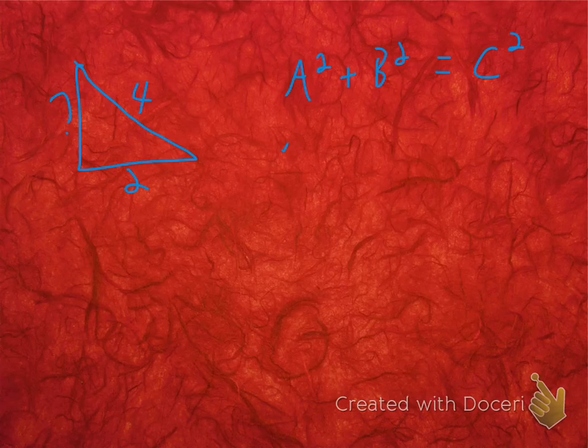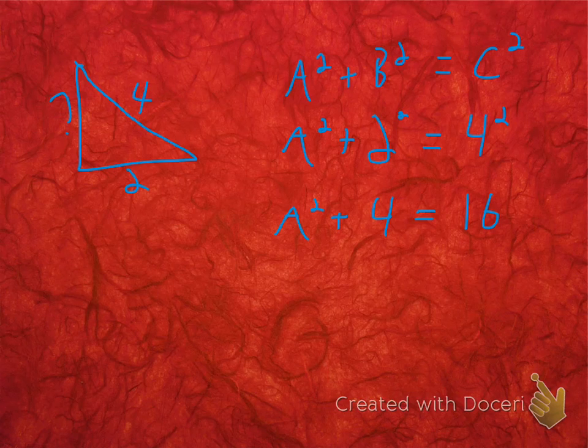So, A squared plus, what's my B? 2, squared, equals, what's my C? 4 squared. Solving this out, you get A squared plus 4 equals 16. Now, in this situation, we have algebra.